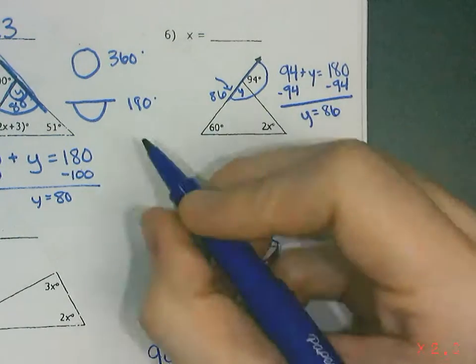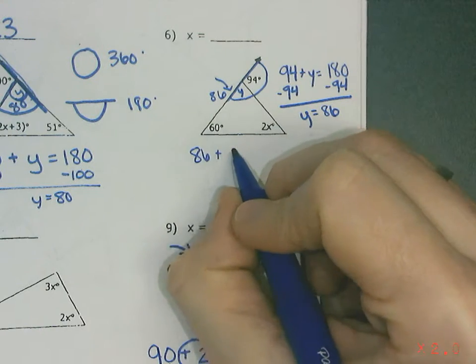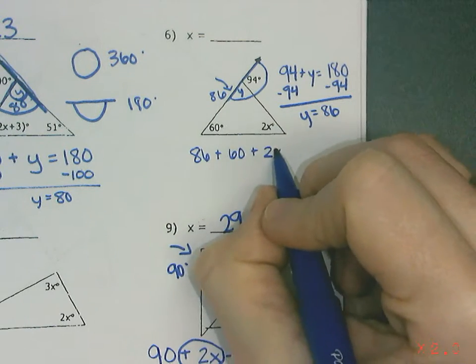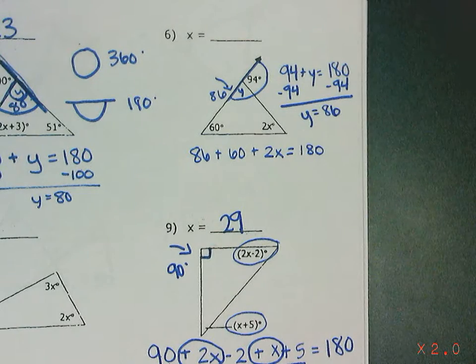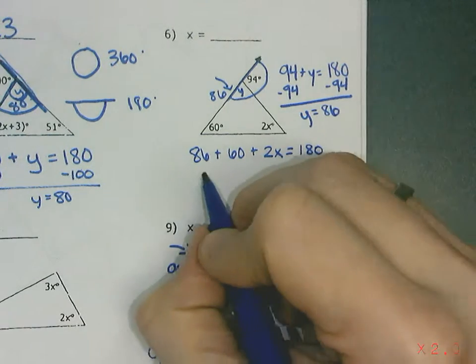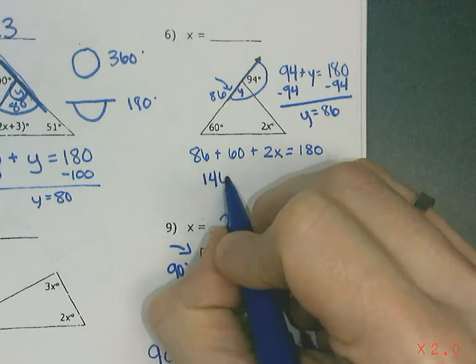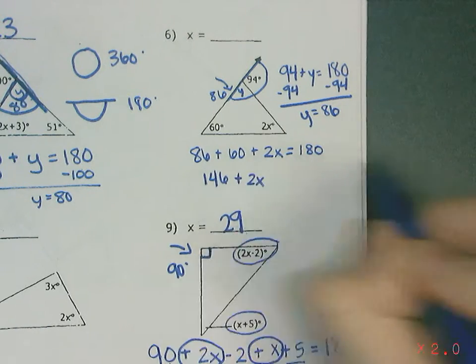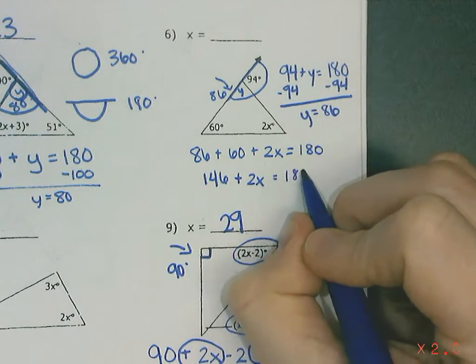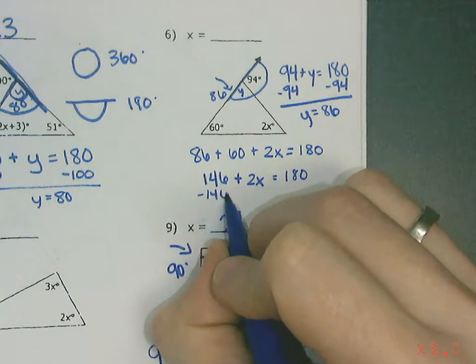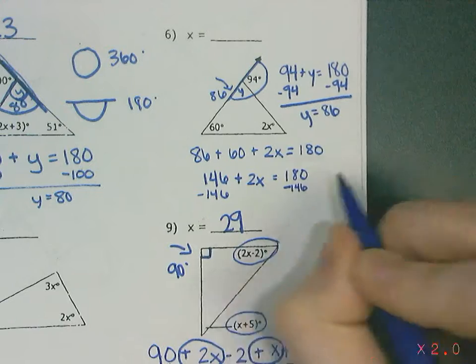And then if we add up all the insides of the triangle, 86 plus 60 plus 2x, that's going to equal 180 degrees. 86 plus 60 is 146 plus 2x equals 180. We're going to subtract 146 from both sides.